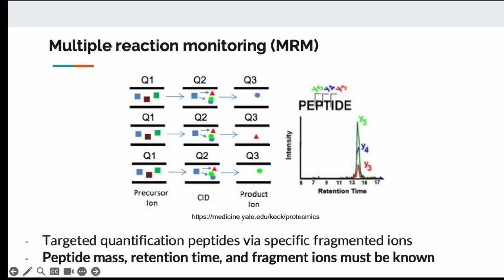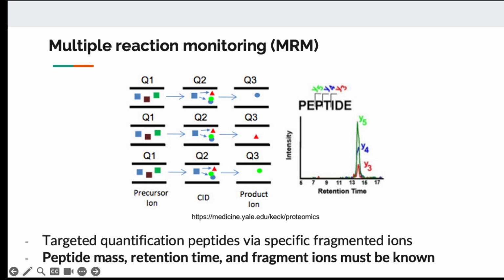So this peptide, if you fragment it between E and P, between P and T, between T and I, you generate these 3 ions. You have the abundance for these 3 ions as well. So the better measurement would be for you to measure the abundance of this peptide as a function of abundance for these ions.